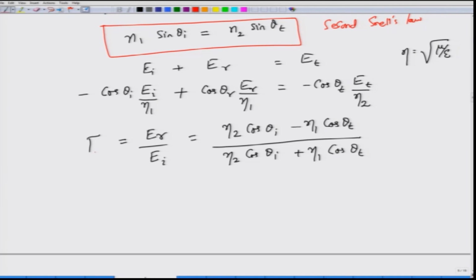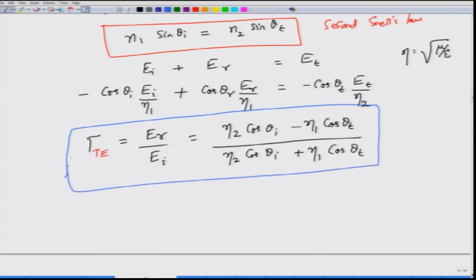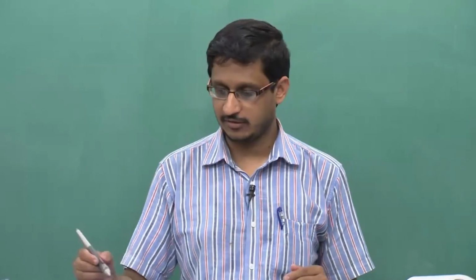This equation is valid for the TE case, and is the reflection coefficient that we wanted to derive. This relates the ratio of the reflected electric field to the incident electric field.